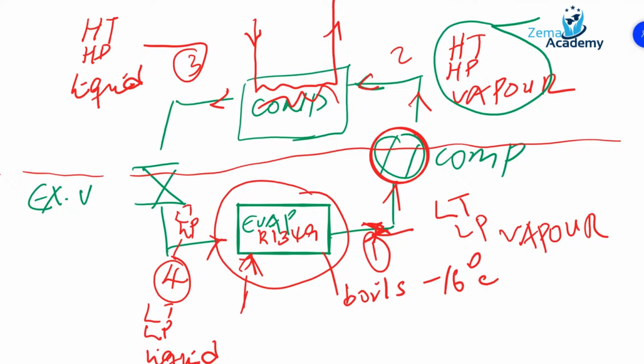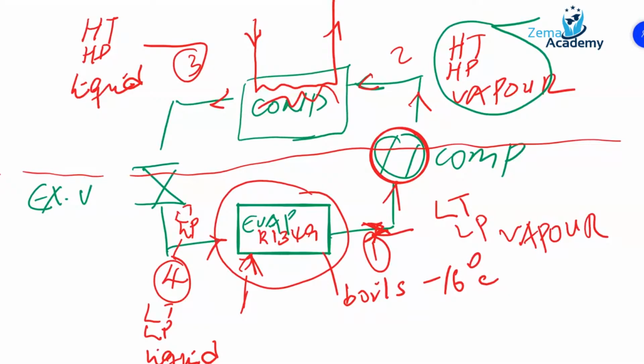Using the condenser, you're rejecting the heat into either air or water, therefore you're removing the heat from the condenser. And so at point 3, we have high temperature and high pressure liquid. And remember, at point 4, we had low temperature and low pressure.